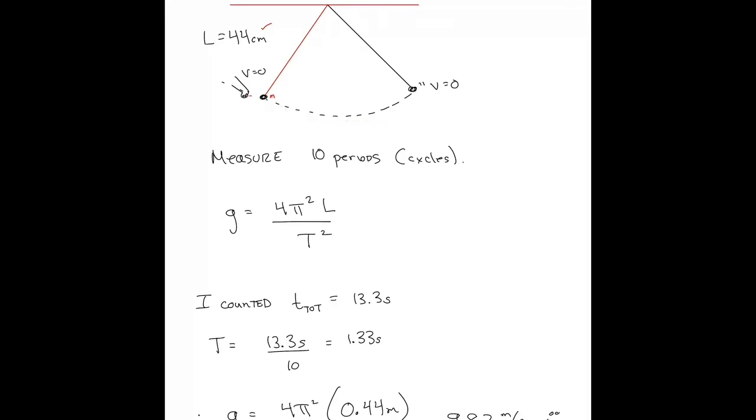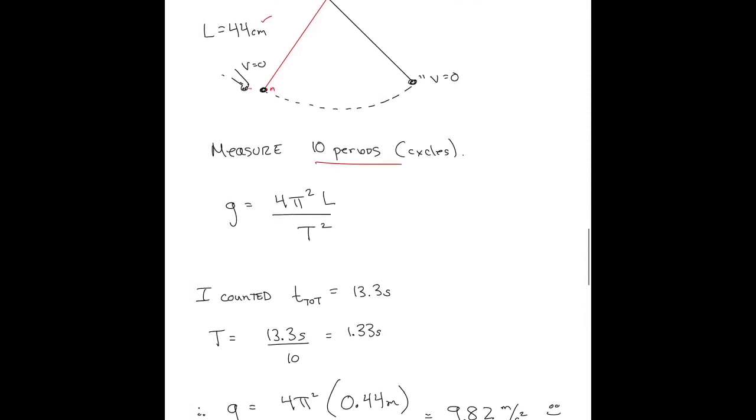It doesn't matter when you start. This thing can be going back and forth, and you can decide to start right there. Click, 1, 2, 3, 4, and so on. So you're going to measure 10 periods, or 10 cycles.